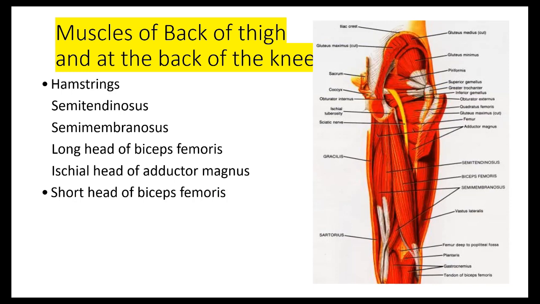Both the peroneals work together. So as a result, this is a conjoined tendon, which is going to the lateral aspect of the leg, the medial aspect of the leg to form the arch of the foot.